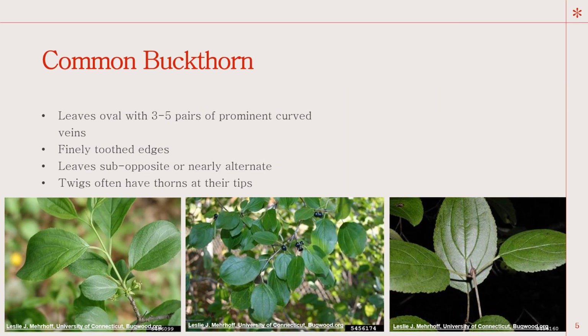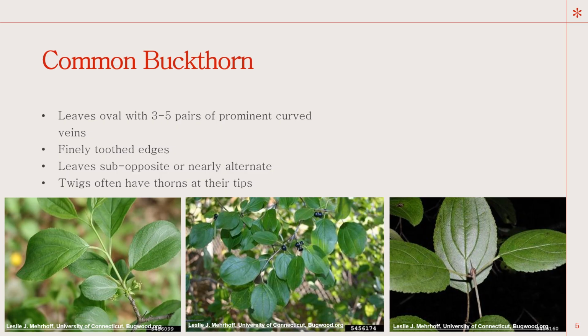With common buckthorn, their leaves are oval shaped with 3 to 5 prominent pairs of curved veins, as you can see in these pictures here. The edges of the leaves have really fine teeth or little serrations, and their leaves are interesting.